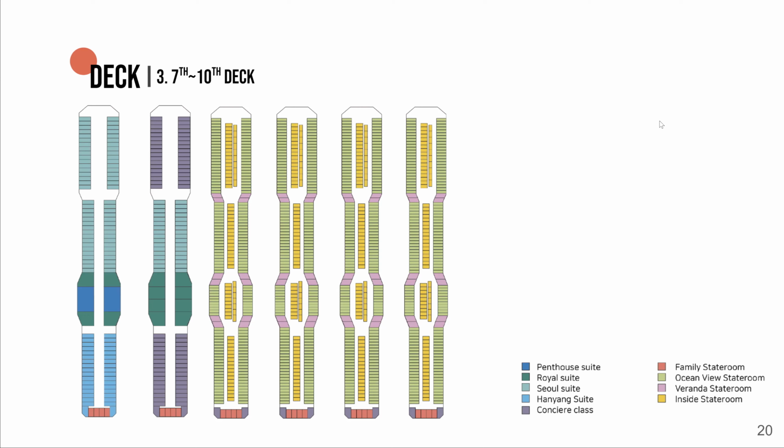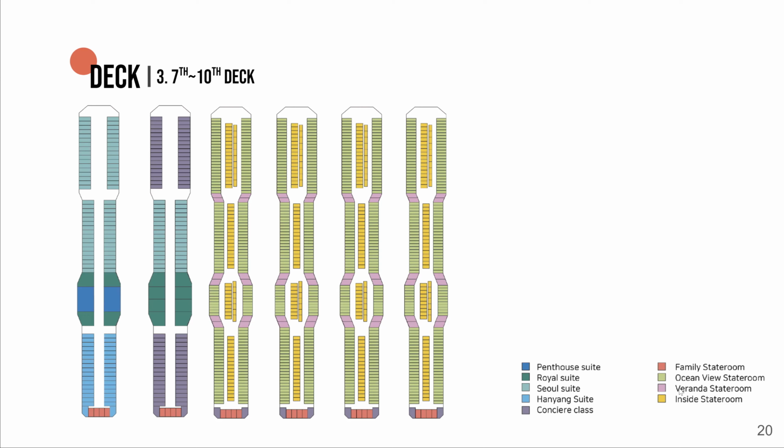We have divided our room types into several suites. So the top level suites are the penthouse suite, royal suite, Soul suite, Hanyang suite, concierge suite, and the family stateroom.